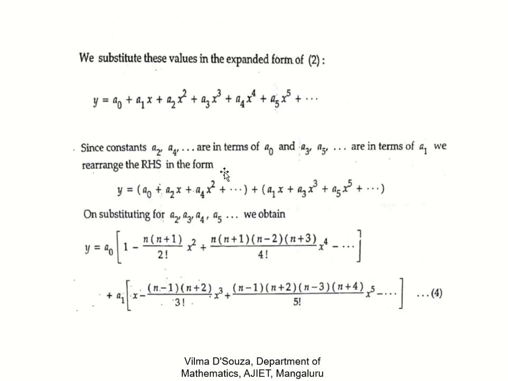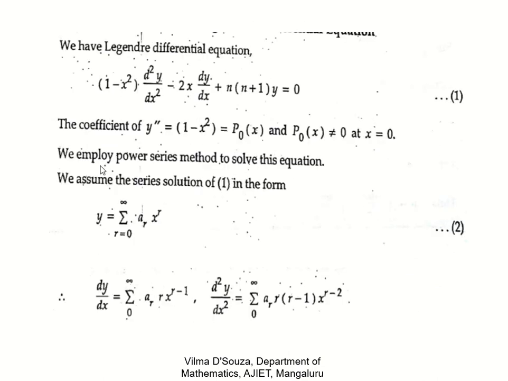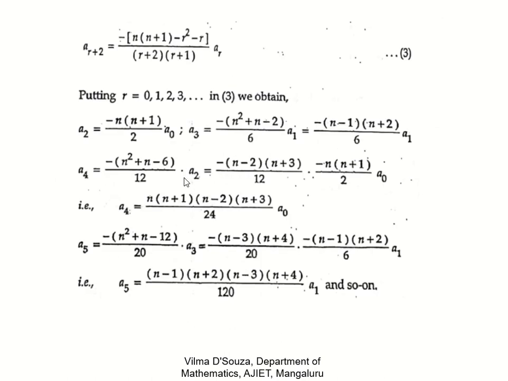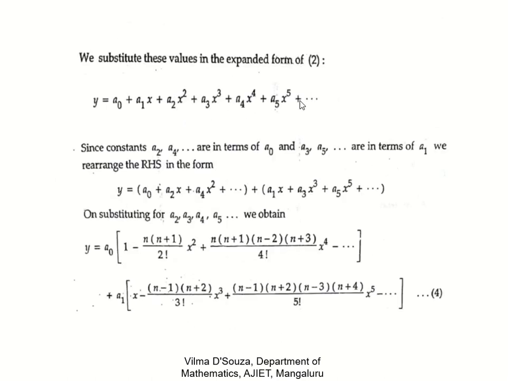Okay. Now substitute all this in the expanded form of y. What is the expanded form? r is 0, this is a naught, plus next term r is 1, so plus a1 x plus a2 x square plus a3 x cube and so on.